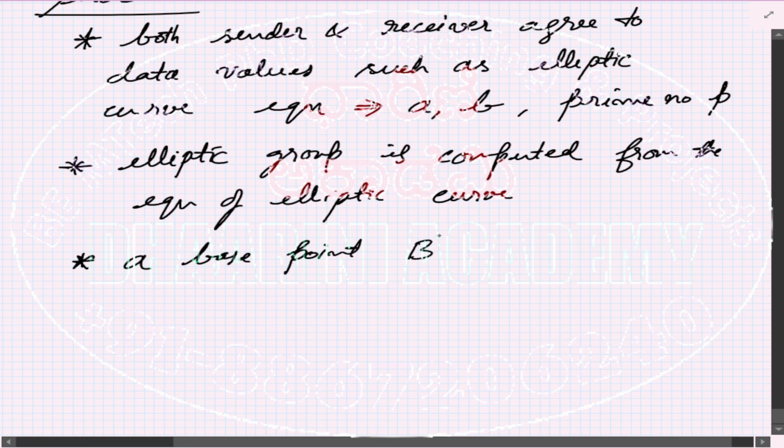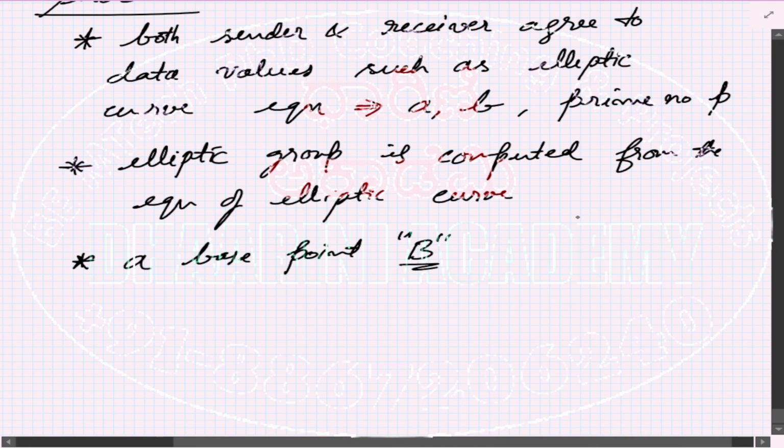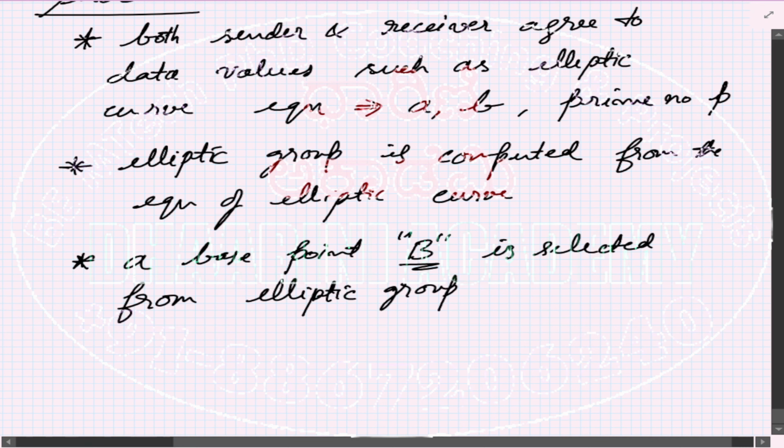So a base point, I'll write capital B. Small b was used earlier, indicating that this is part of the elliptic curve. A base point B should be selected from the elliptic group. We can understand this process as a generator operation.